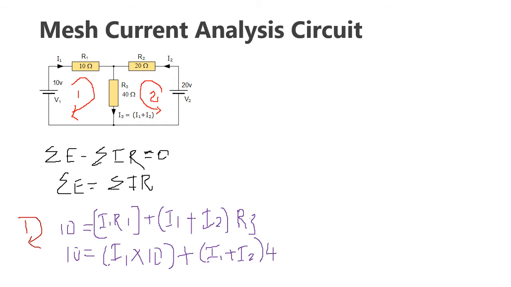So again, 10 will be equal to 10 I1 plus 40 I1, which is 50 I1, plus 40 into I2. So 10 equals 50 I1 plus 40 I2. This is our equation number 1.